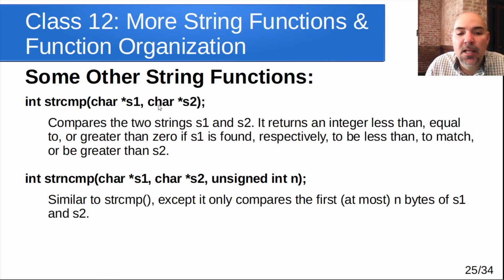It just compares them. And basically what this does is it returns an integer less than 0 if s1 is less than s2. It returns 0 if they're equal, and it returns a number greater than 0 if this one is bigger than that one, kind of alphabetically comparing the two.